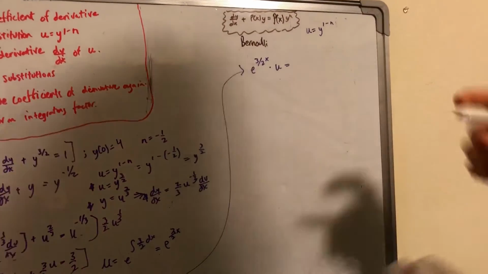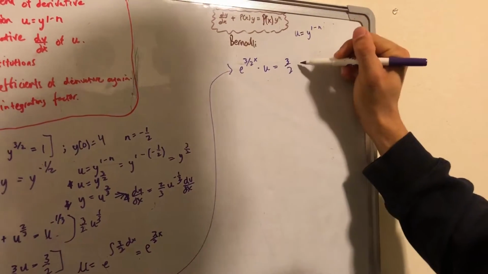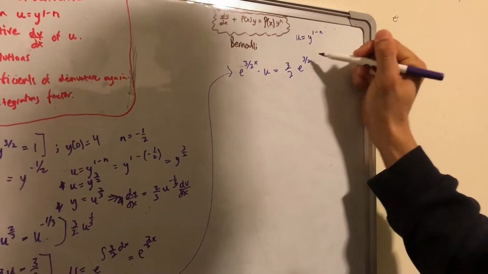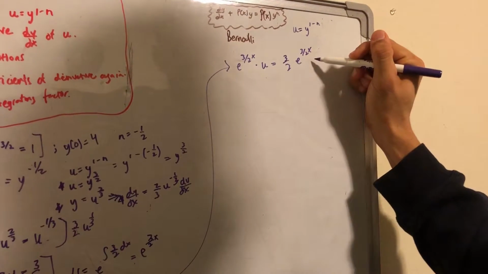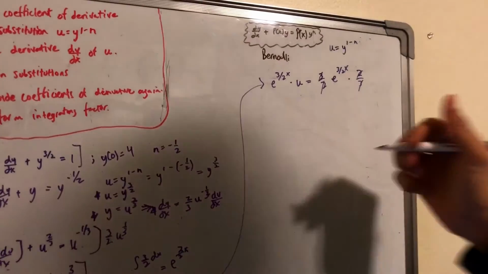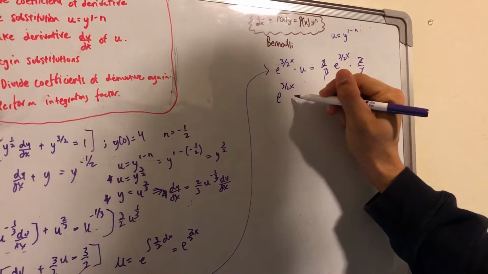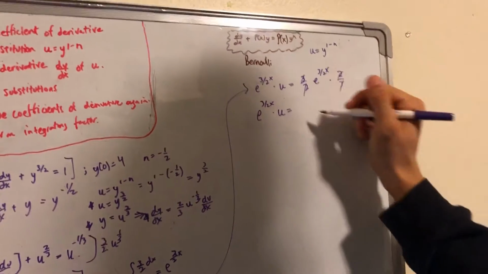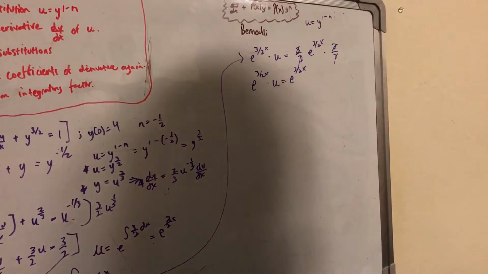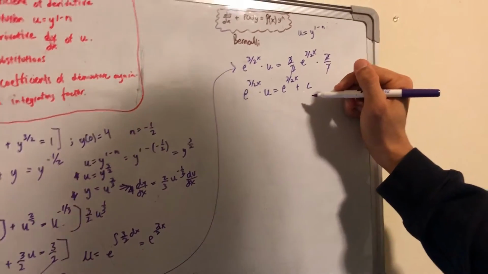All right. That is equal to 3/2 times e to the 3/2 x times 2/3. So here we'll have e to the 3/2 x times u is equal to e to the 3/2 x. Don't forget plus c, because if you do, the whole problem's wrong.